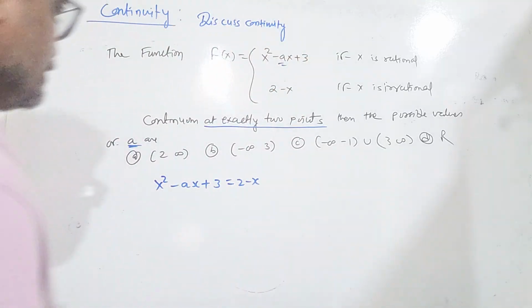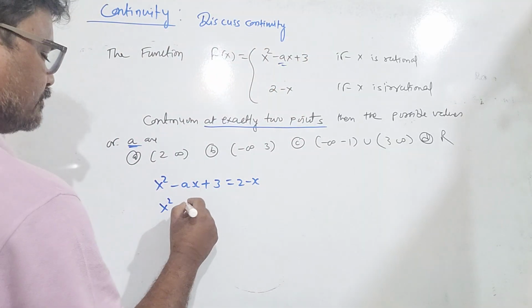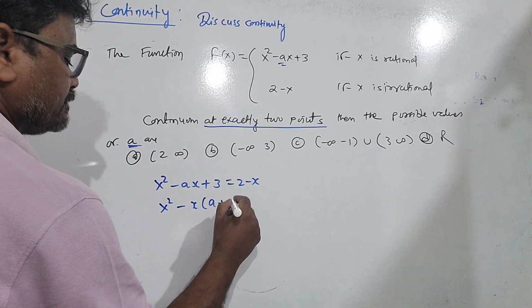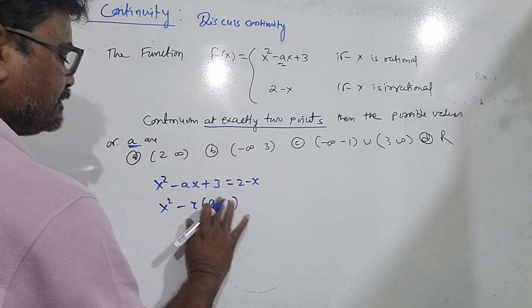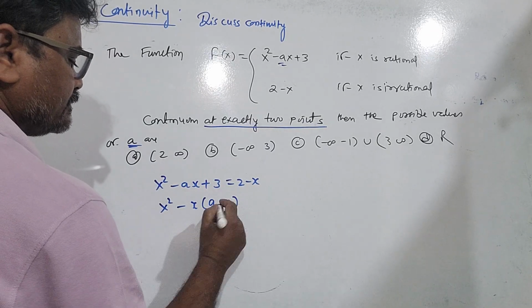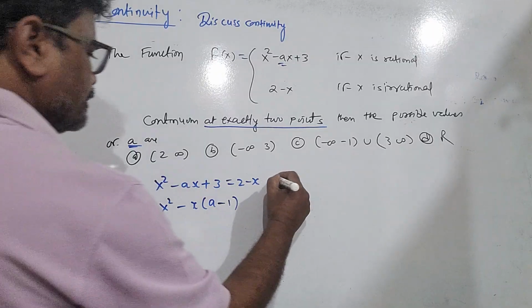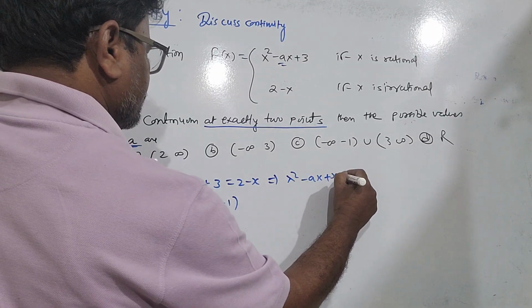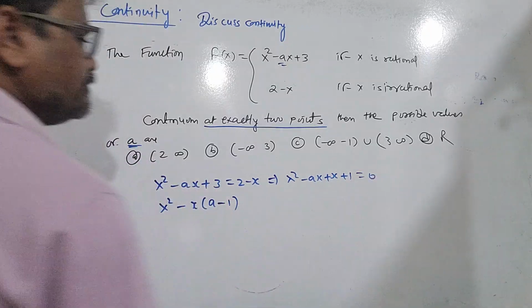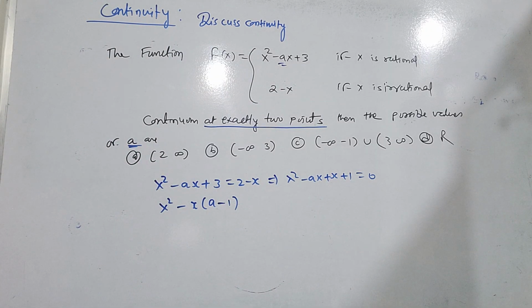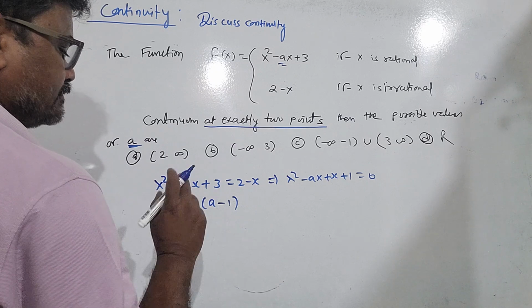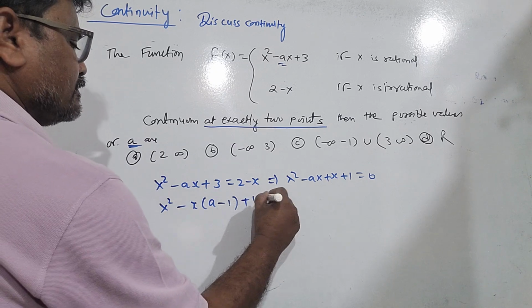Correct? So it becomes x square minus ax plus 1 minus x, which is equal to 0. I can take minus x common, so x square minus (a plus 1)x plus 1 is equal to 0.